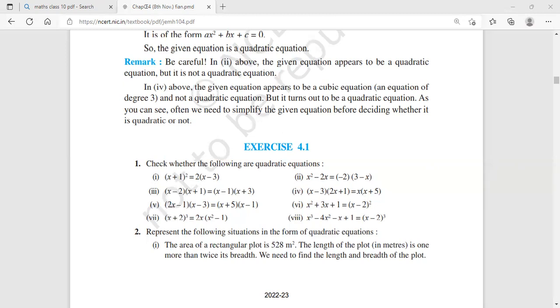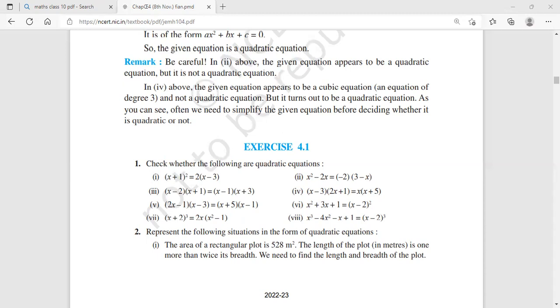Now, let me simplify, x square plus 1x minus 2x is minus 1x minus 2 equals x square, 3x minus 1x is 2x minus 3.